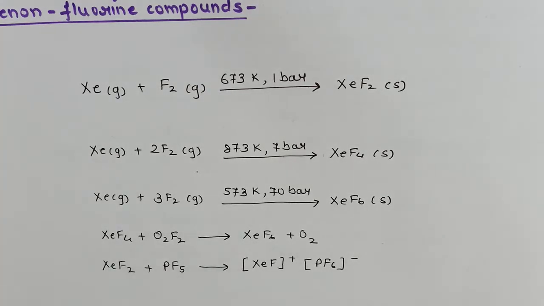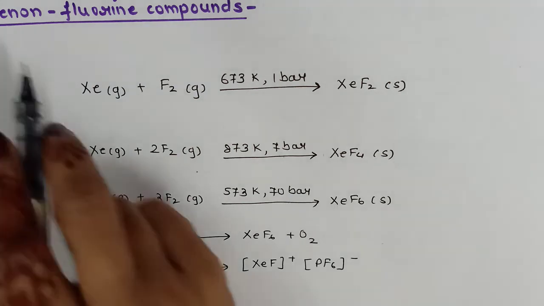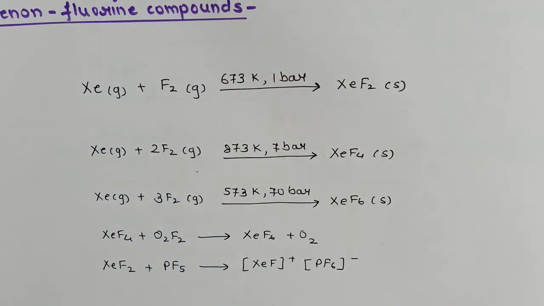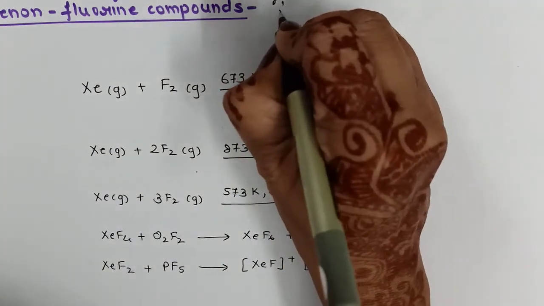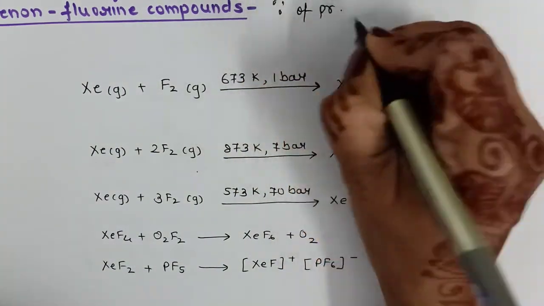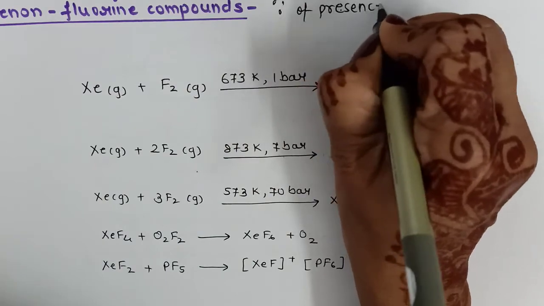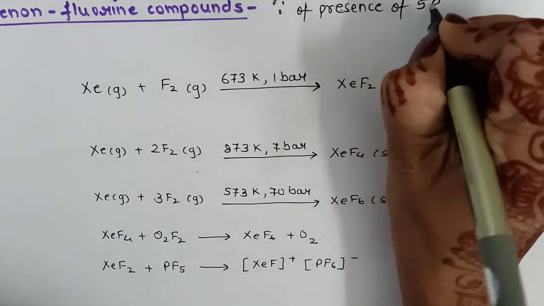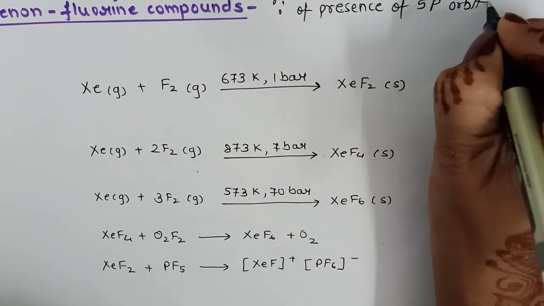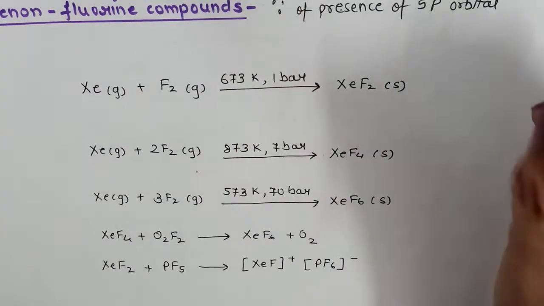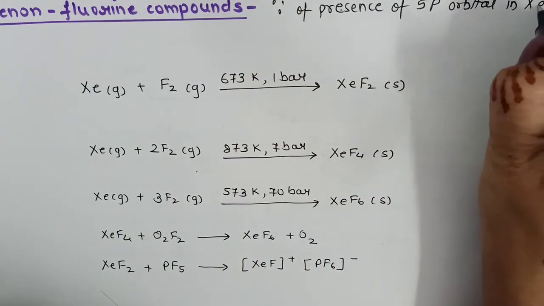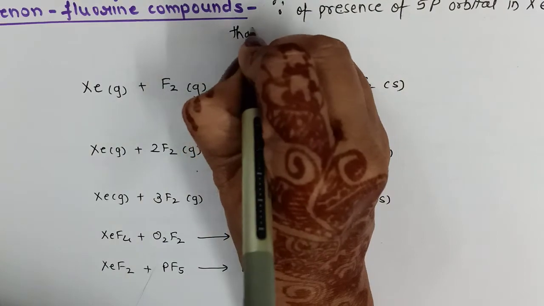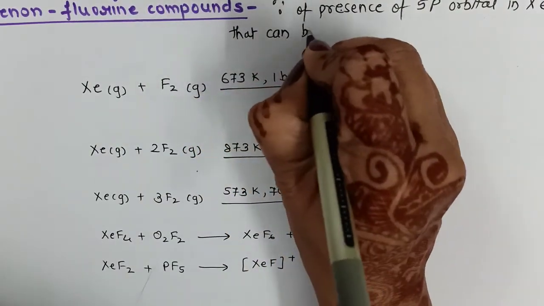As we have discussed just now, xenon forms compound with either oxygen or fluorine, which are most electronegative elements. Now why can xenon form compound with fluorine? It is because of the presence of 5p orbital in xenon that can be excited to 5d.